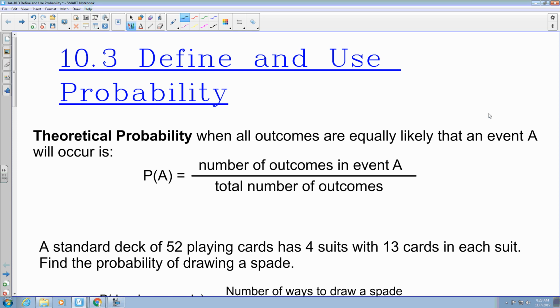Theoretical probability, by definition, says when all outcomes are equally likely to occur, an event A is represented by the number of favorable outcomes divided by the total number of outcomes. Next, we'll talk about experimental probability, and that deals with what actually happened during the experiment.